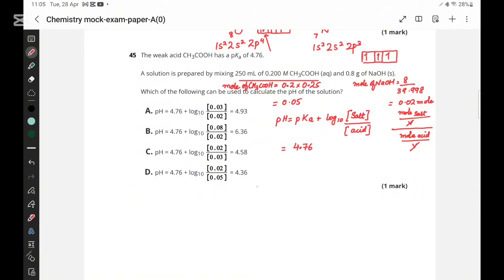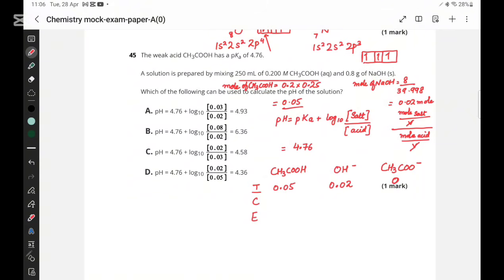The ICE method is ICE: initial, change, equilibrium. This is CH3COOH, this is OH minus, and this is CH3COO minus. Initial CH3COOH is how much? 0.05 moles, which we have calculated here, and for OH minus it is 0.02, and this is going to be 0 initially.